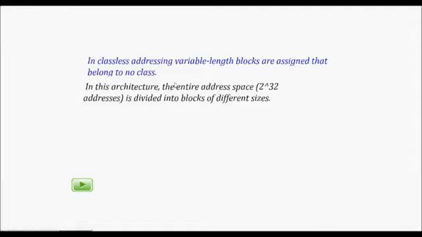In this architecture we have 2 to the power of 32 addresses, divided into blocks of different sizes. You don't have a fixed size, where 2 to the power of 24, 2 to the power of 16 or 2 to the power of 8 hosts can only be there in a network. You can now have 2 to the power of 20 hosts if you want, by having just 12 bits for your network and 20 bits for your host ID.